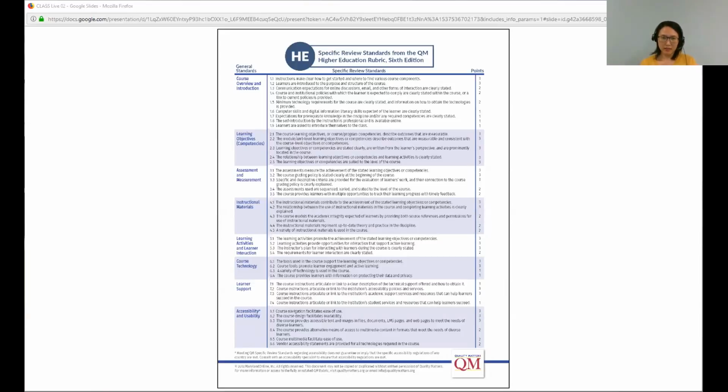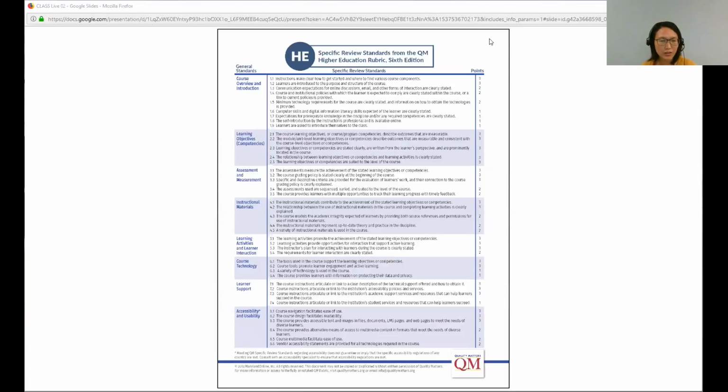The right side has the general standards, which are, I think, eight things that QM thinks a quality course should have. They basically describe what should be an effective course. The first standard is to have a course overview and introduction. The second is to have learning objectives. The third is to have assessments and measurements.